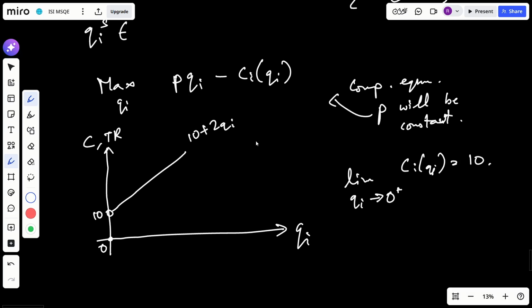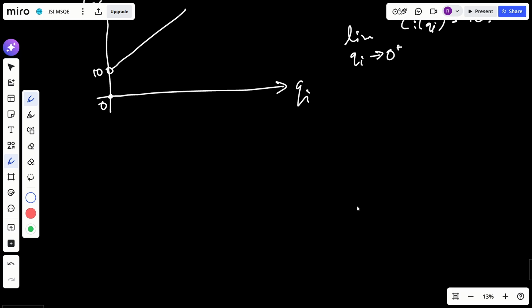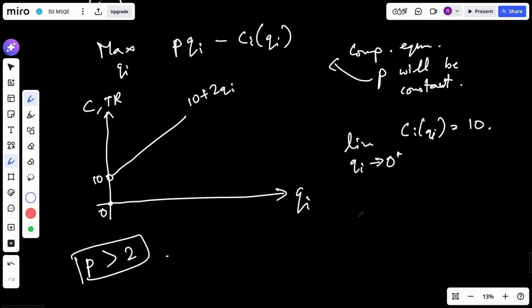There will be three cases. If P is strictly greater than 2, the total revenue curve will be steeper than the 10 plus 2 QI curve. Like this, I'll start from the origin and it will be steeper.